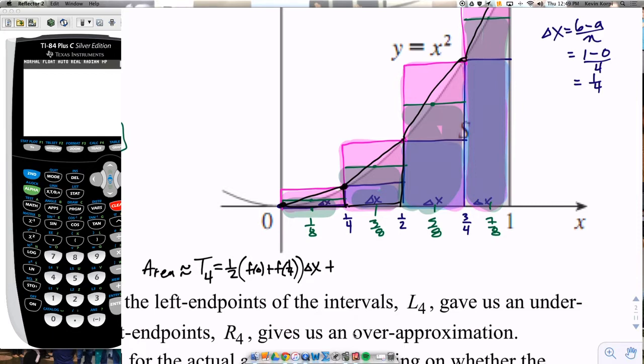The next trapezoid from 1/4 to 1/2 is 1/2 the sum of the function values at the two endpoints, f of 1/4 plus f of 1/2, times the base, which is delta x, plus the next trapezoid from 1/2 to 3/4, which is 1/2 times f of 1/2 plus f of 3/4, times the width delta x.